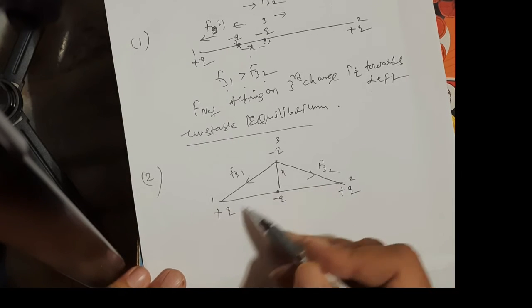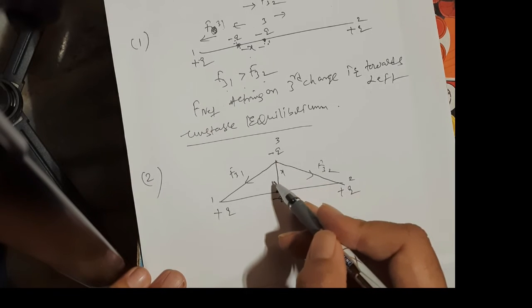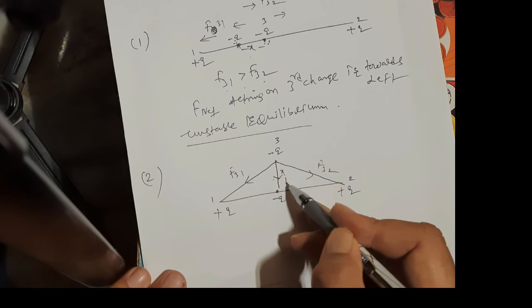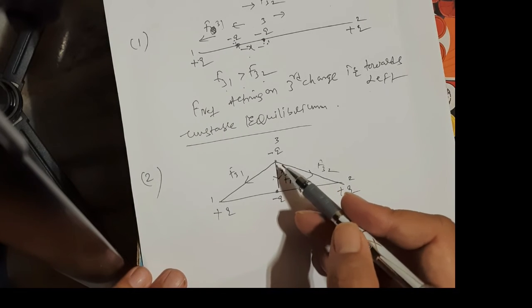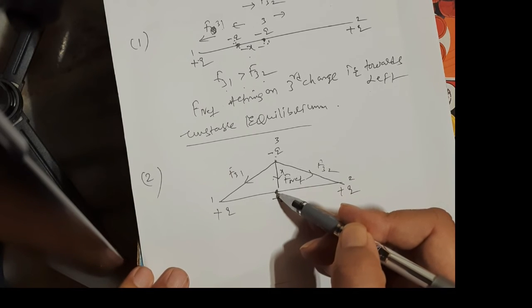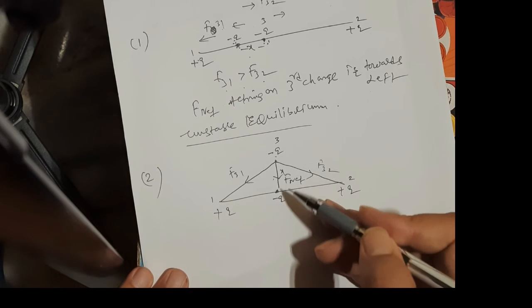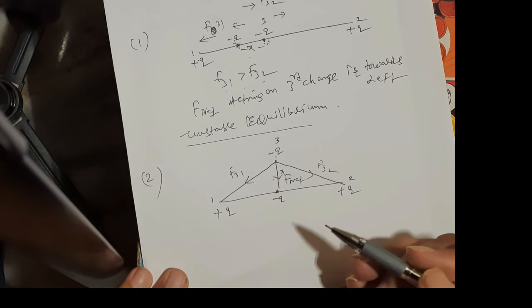These two forces act on the charged particle so that the net force is towards the mean position. That means the charge comes back to the original position, the midpoint.